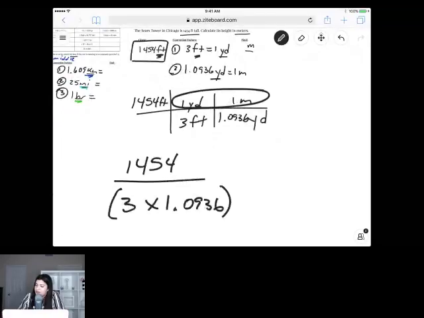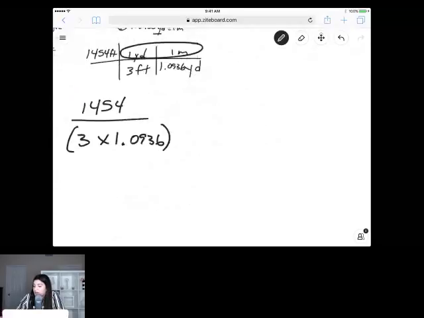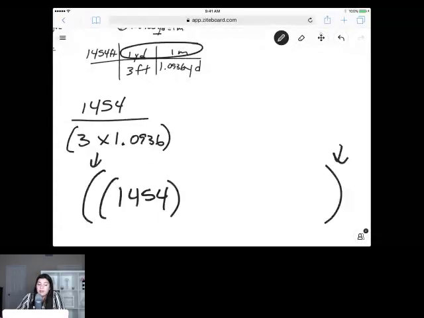1.0936. So specifically in your calculator, what you can do, depending on what calculator you have, but what I typically do is I put a good amount of parentheses, okay? And I put the 1454 in its own separate parentheses. So as you see, put 1 large parentheses first, okay? Then I'm going to place the 1,454, then divided by, and another separate parentheses, 3 times 1.0936.